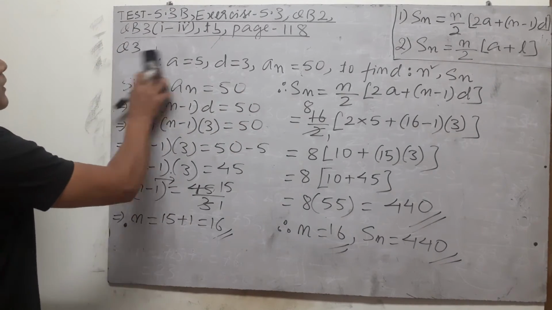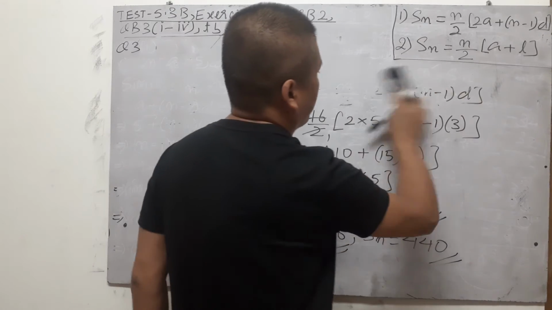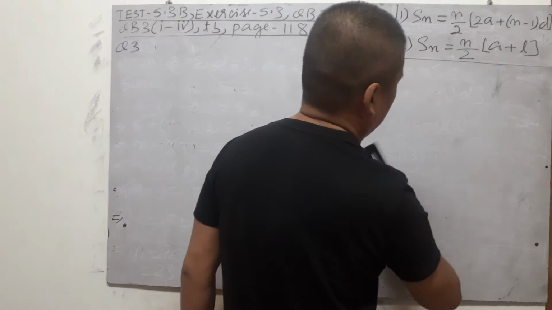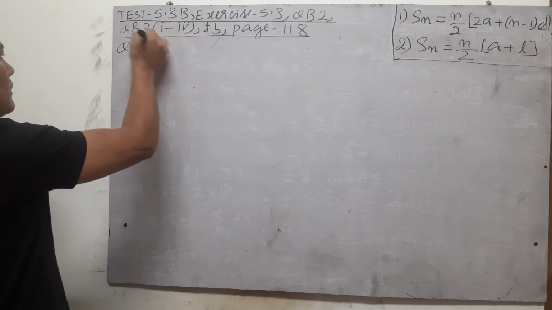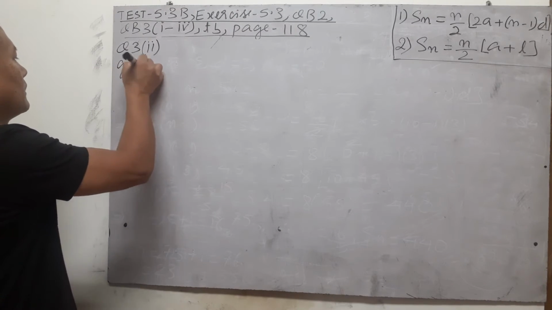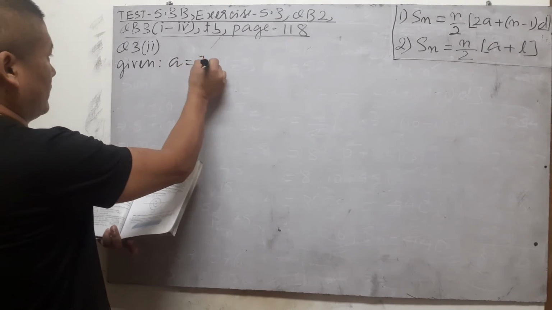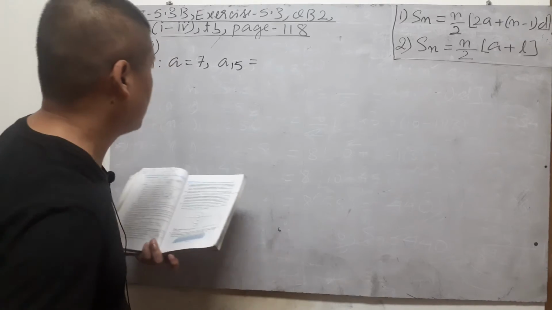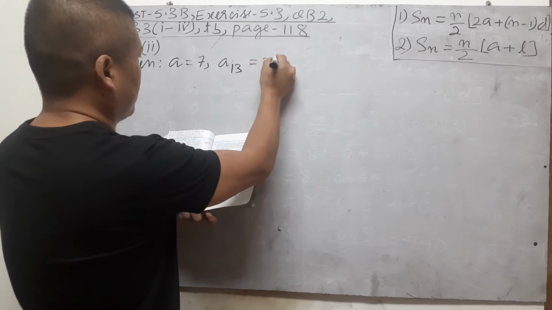Go to the second one. Here, given a, the small a value, equal to 7, then the 13th term, a13, is given as 35.